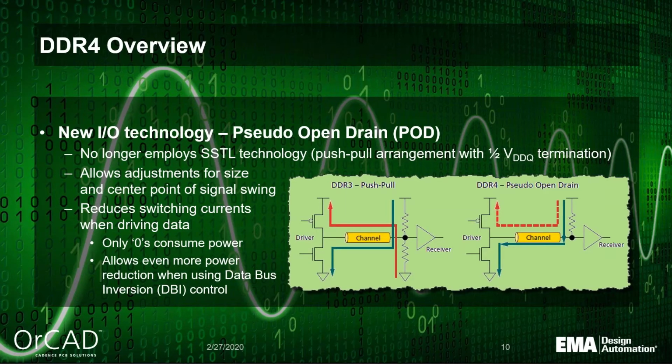Probably the most robust change is the I/O technology. It went from a push-pull arrangement, which is what the SSTL technology offers, over to a pseudo-open drain. The advantage is that with push-pull, you're consuming power in either state of the bit for the data bus. In the high state, you're running through one MOSFET, and in the low state, you're running through another in the output drivers.